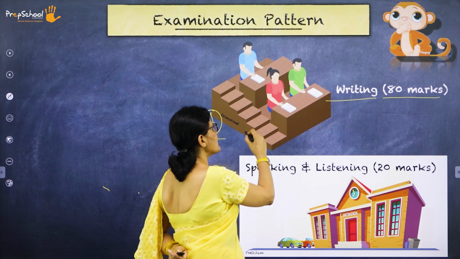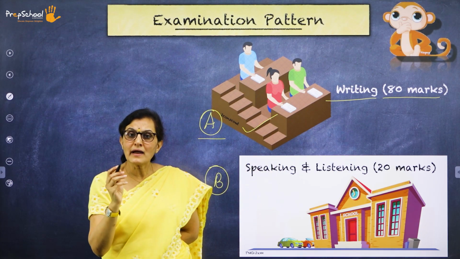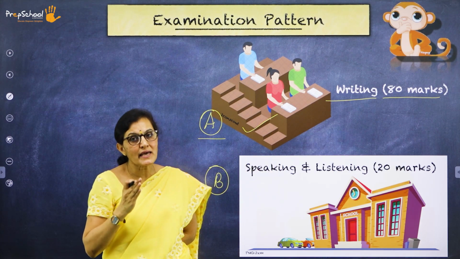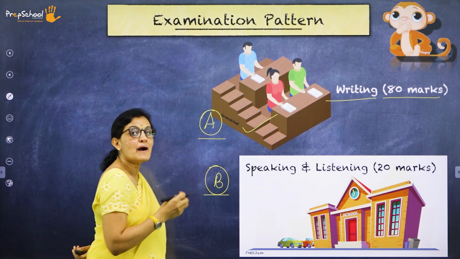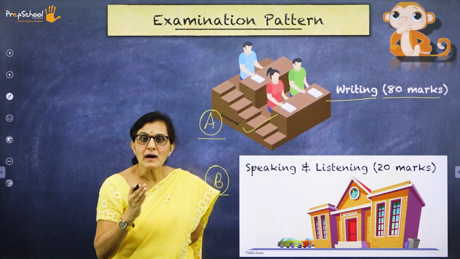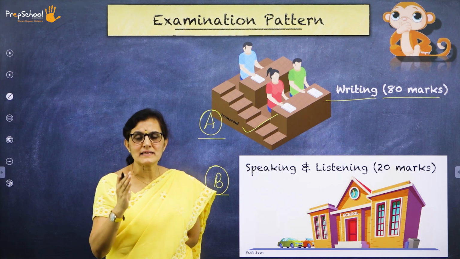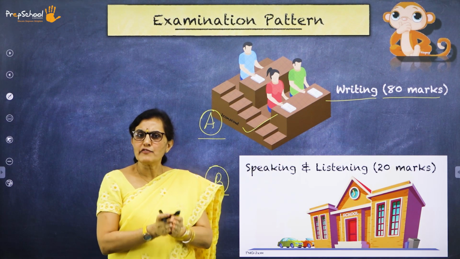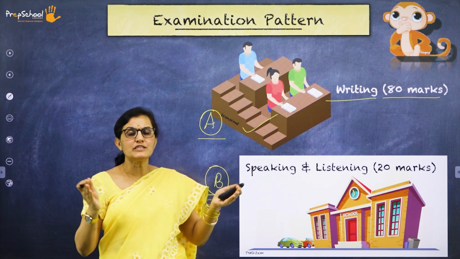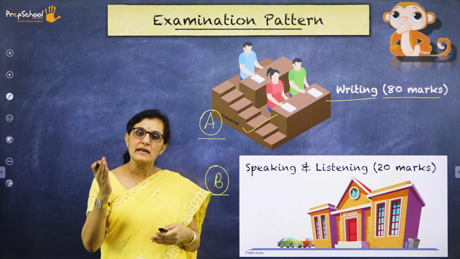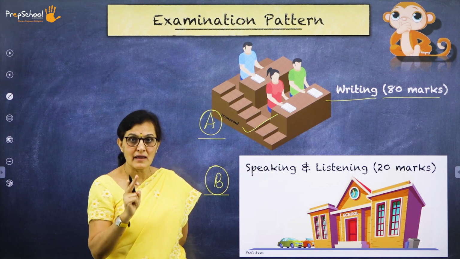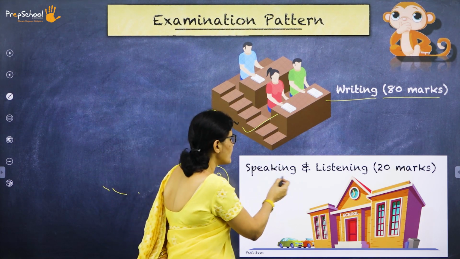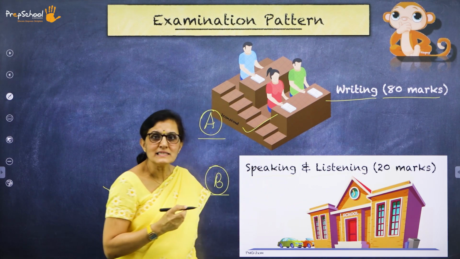So that being Part A of your examination pattern, let's look at what Part B says. Your Part B is an internal assessment. Just like you have practicals in your biology, physics and chemistry, in English also you have an internal assessment and you will be assessed for your speaking and your listening.